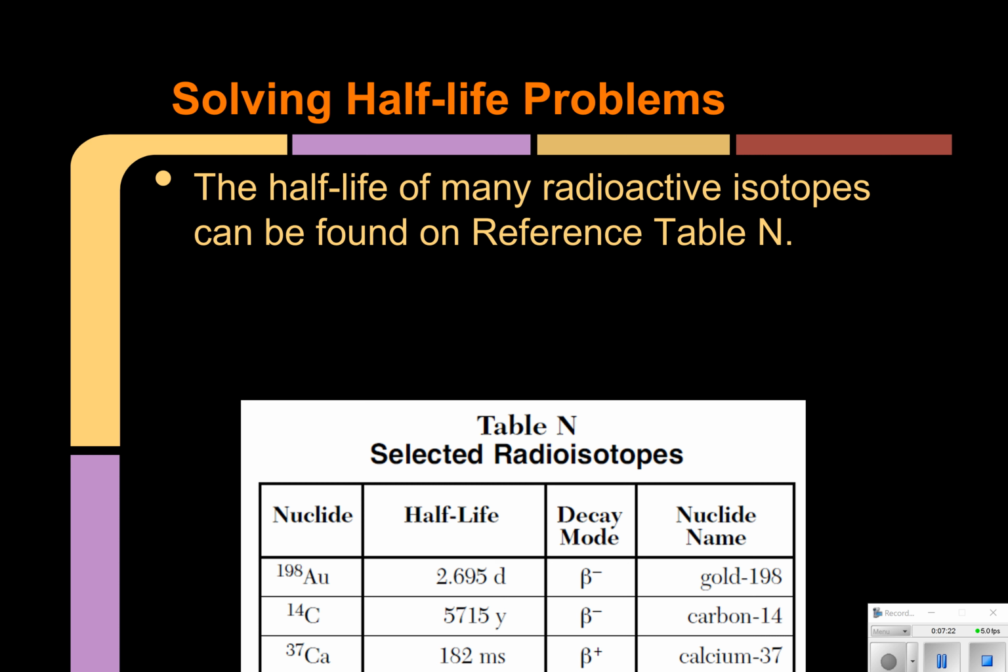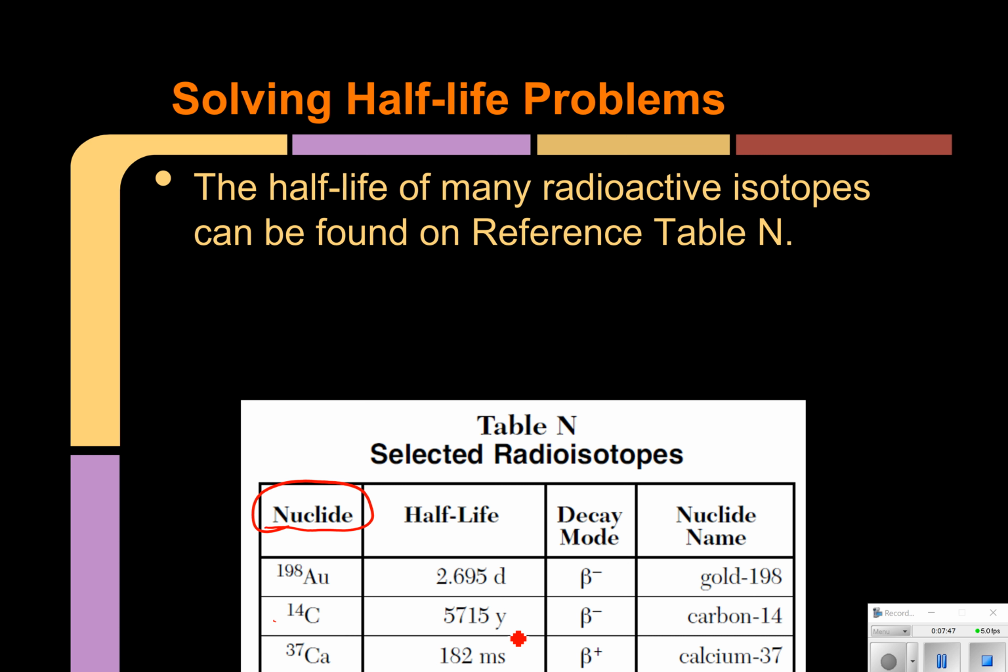Now, what we'll really focus on today is how to solve different half-life problems. To do that, we're going to use some information on Table N, where we can find the half-life of many different radioactive isotopes. These are often, or at least in this table, referred to as nuclides. For example, we've been talking about carbon-14.